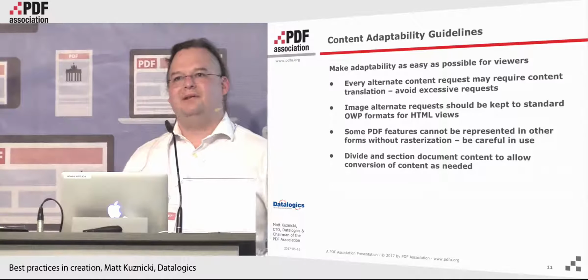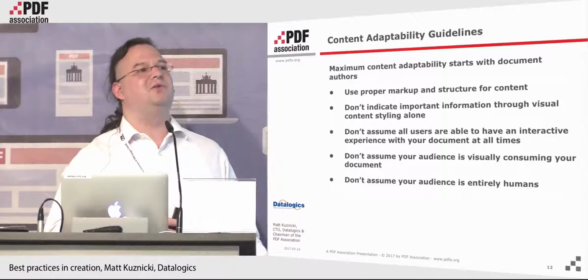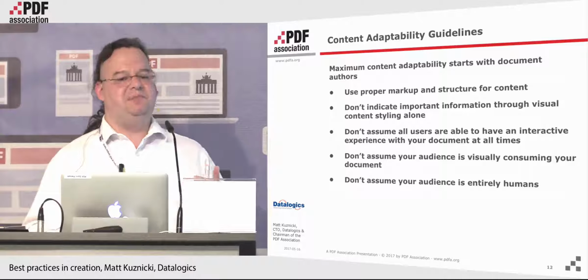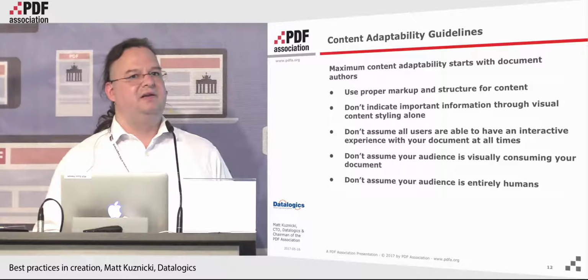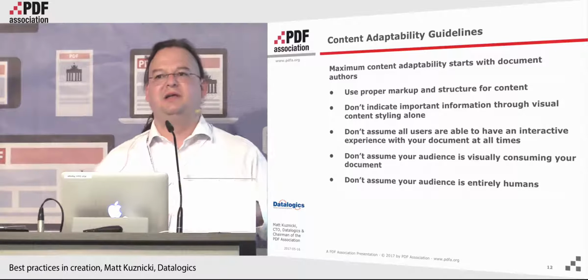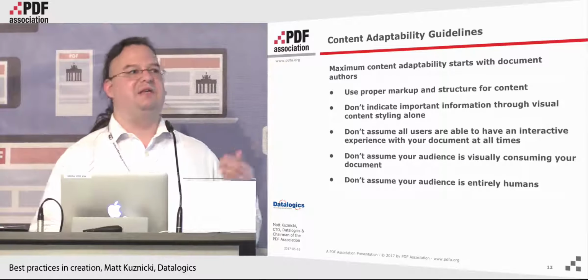Now, I talk about us as authors a lot, and I really want to emphasize the point that best practices for next generation PDF documents really start at the beginning.